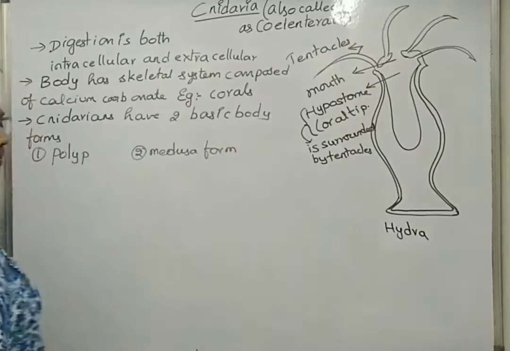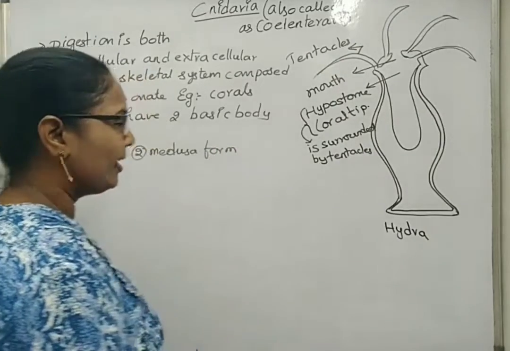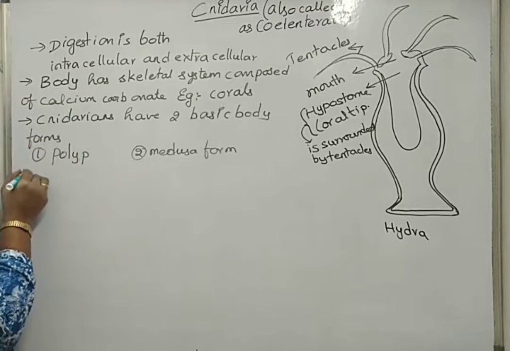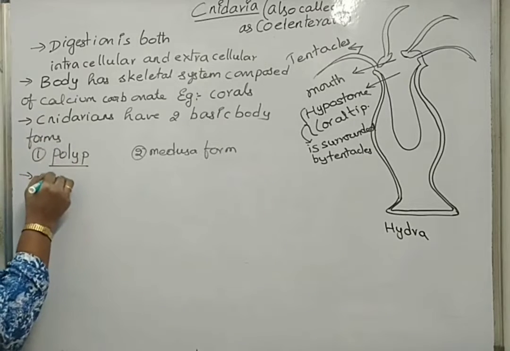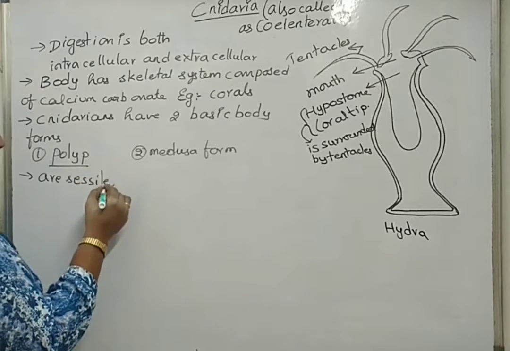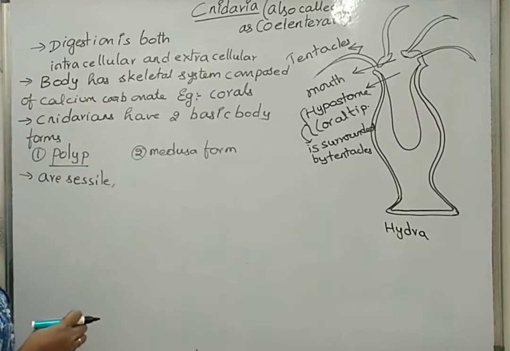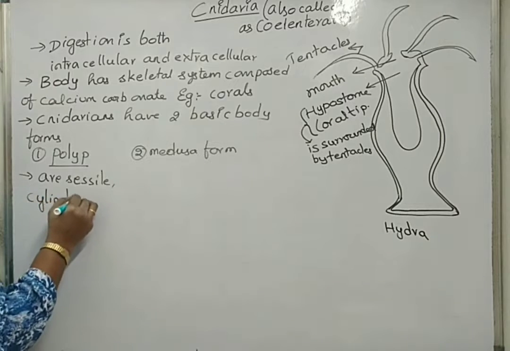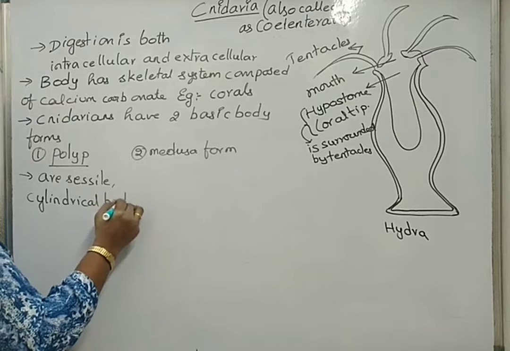Under the polyp form, it is a sessile form and its opening is towards the upper side. These polyps are sessile, meaning they do not move, and the body is cylindrical in shape.